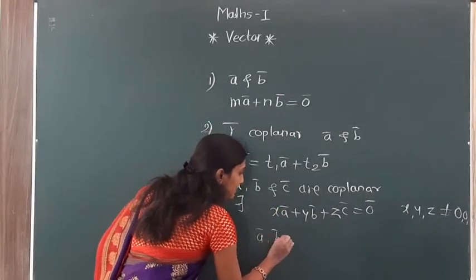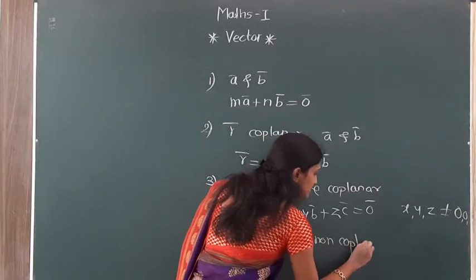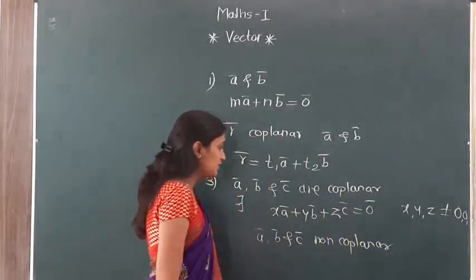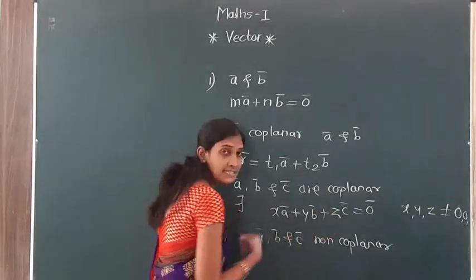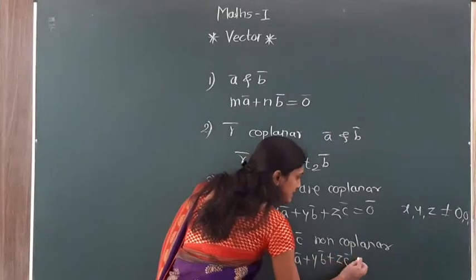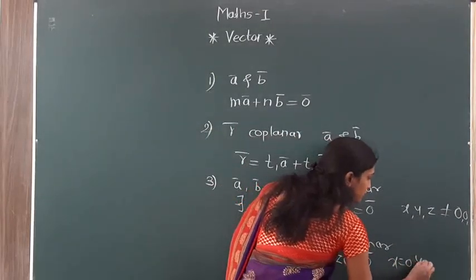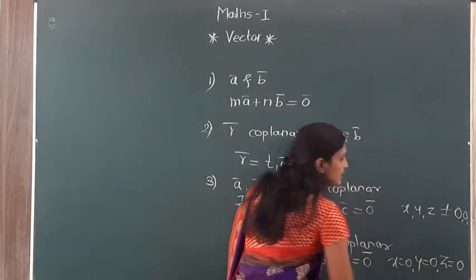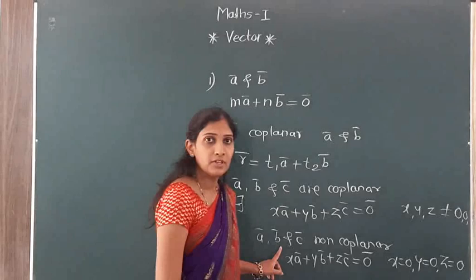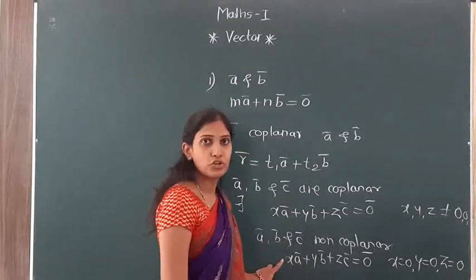If A bar, B bar and C bar are non-coplanar vectors, then there exists a linear combination x A bar plus y B bar plus z C bar is equal to 0 bar such that x is equal to 0, y is equal to 0 and z is equal to 0. We will use this corollary in the next lecture, so remember this corollary.